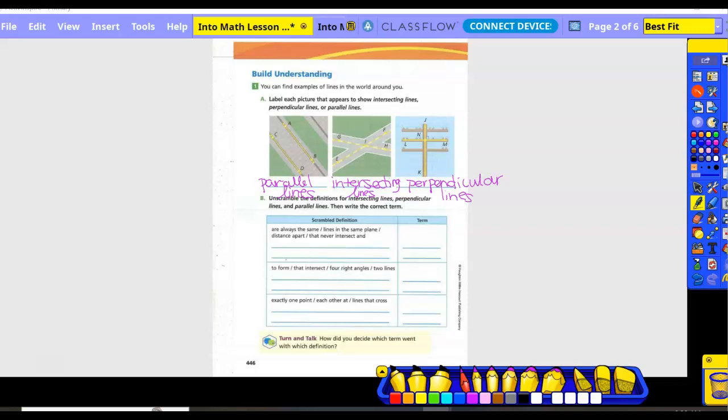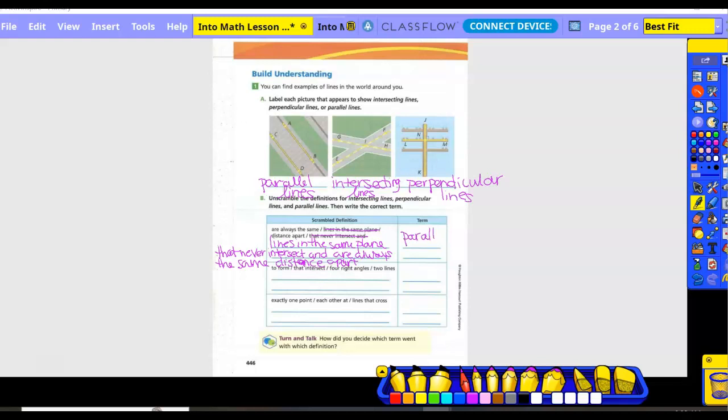So what would we say? Plane, right? So we unscrambled that definition and got lines in the same plane that never intersect and are always the same distance apart. What kind of lines are those? Parallel lines.